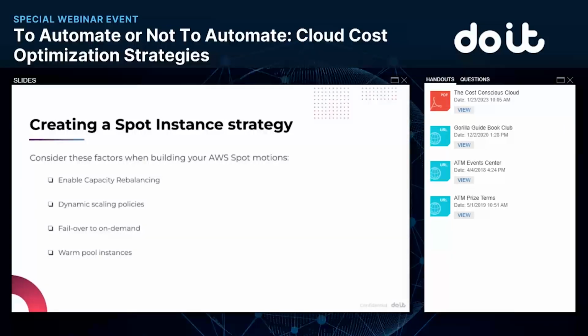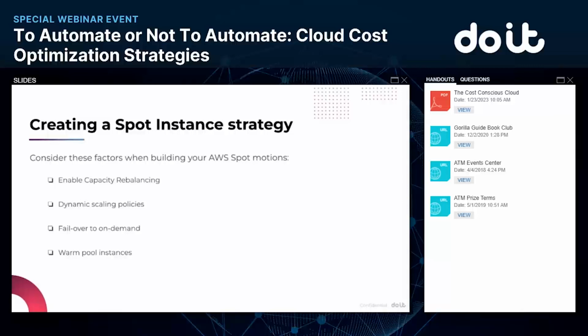Now that I created our autoscaling group, we need some extra implementation in order to have a good spot instance strategy. We did it when we created: we enabled capacity rebalancing. What's capacity rebalancing?